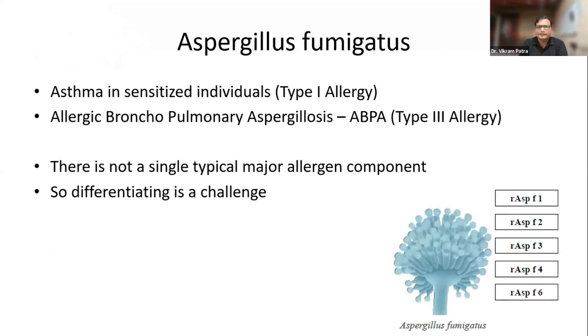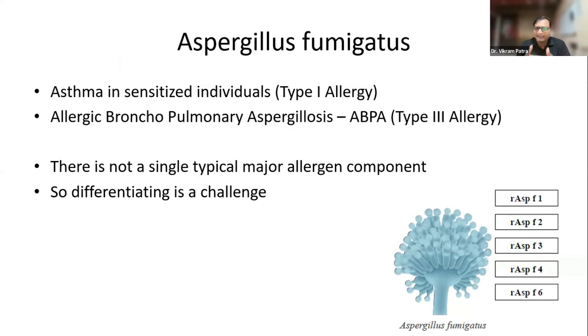Aspergillus fumigatus. Now, when it comes to asthma, Aspergillus fumigatus can present with two types of conditions. One is Aspergillus sensitized asthma. That means in asthma patients, when you do a skin prick test, you may get a type 1 allergy to Aspergillus fumigatus.